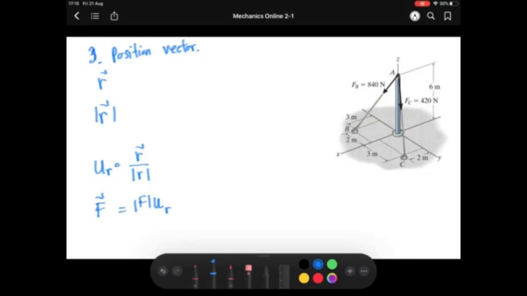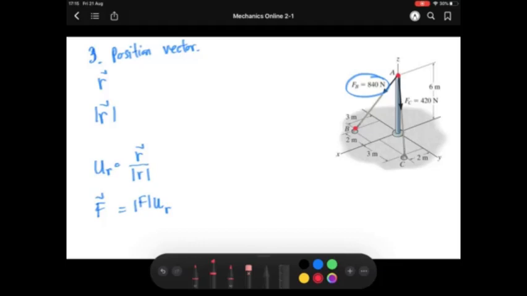Let's see FB for the example. Vector R of FB starts from A to B. We can use the position.